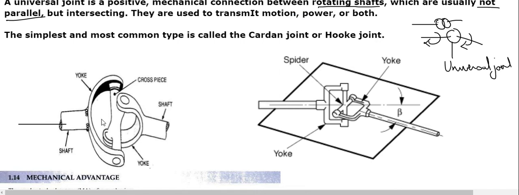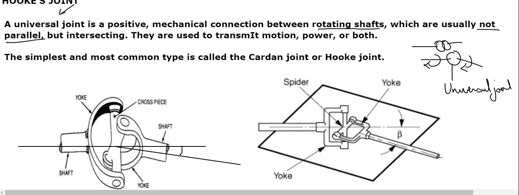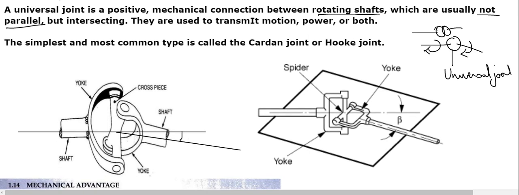If the horizontal shaft is this and the other shaft axis is like this, then the angle between those two is taken as the transmission angle or the universal joint angle. Both these figures show the same universal joint. You can draw either this 3D or this planar figure.